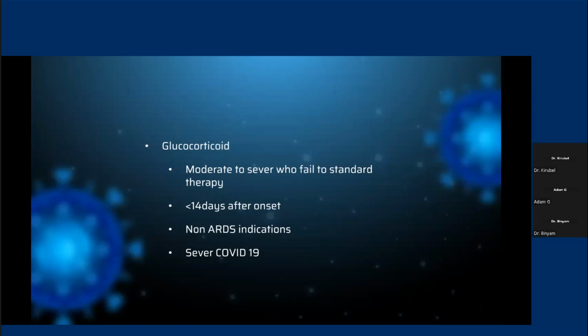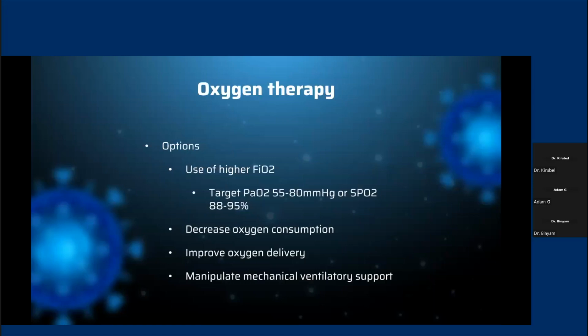For non-ARDS indications, for example if the patient is having septic shock, you gave fluid and vasopressors and the patient is still hypotensive, they have to be on glucocorticoids. The other indication is severe COVID-19, which you already know. That one we'll also discuss in subsequent slides.